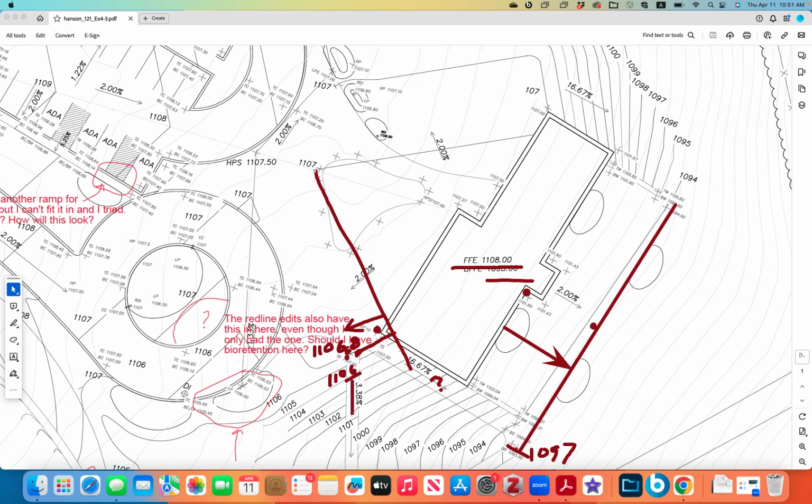And then you go 20, 20, 20, okay? And here you go up from this spot, whatever the elevation here is based on your calculation, and you calculate 1098, right? And then whatever in the middle when you're turning, that doesn't have to be the exact 2%.